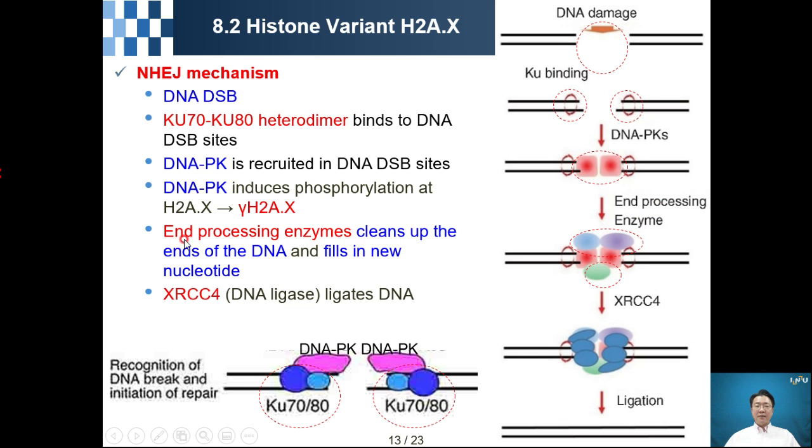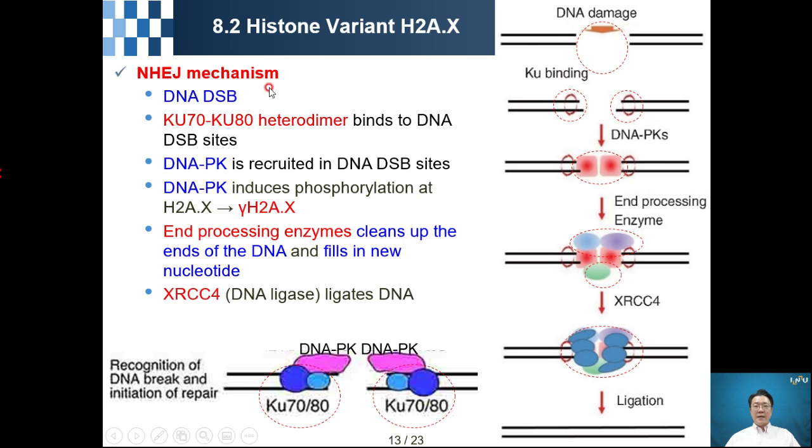These end processing enzymes clean up the ends of the DNA and fill in new nucleotides. Finally, XRCC4, the DNA ligase, ligates the DNA structure. So this is the NHEJ mechanism.